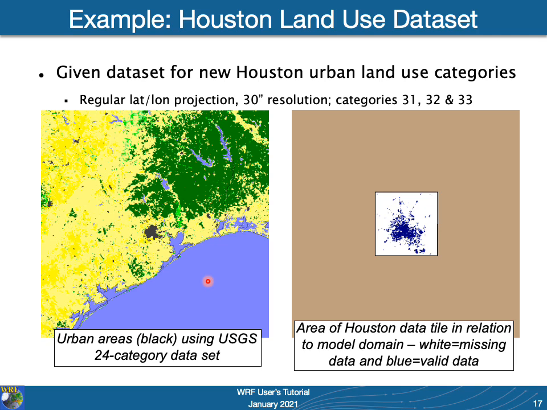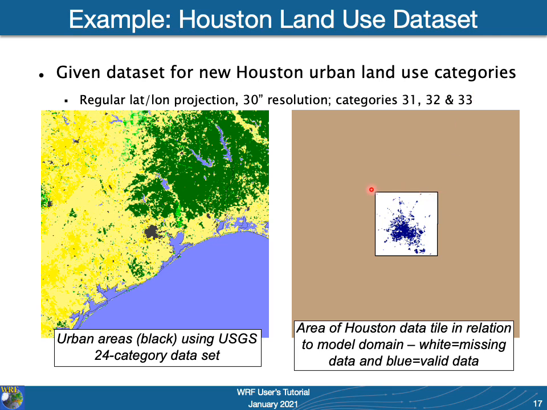And this new data set is not at a higher spatial resolution. It's still at 30 arcsecond resolution, but it has additional urban categories. So rather than a single homogeneous urban category, our new data set provides urban categories 31, 32, and 33 that might, for example, represent residential areas, commercial or high-intensity residential areas, or industrial areas.